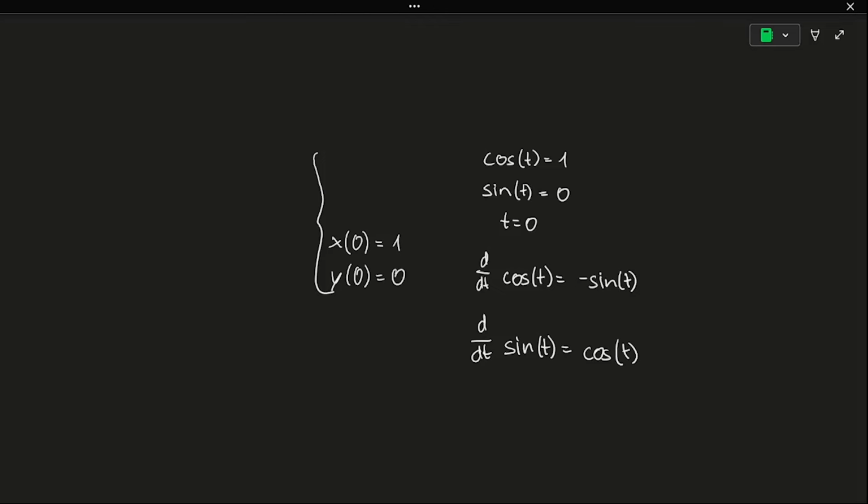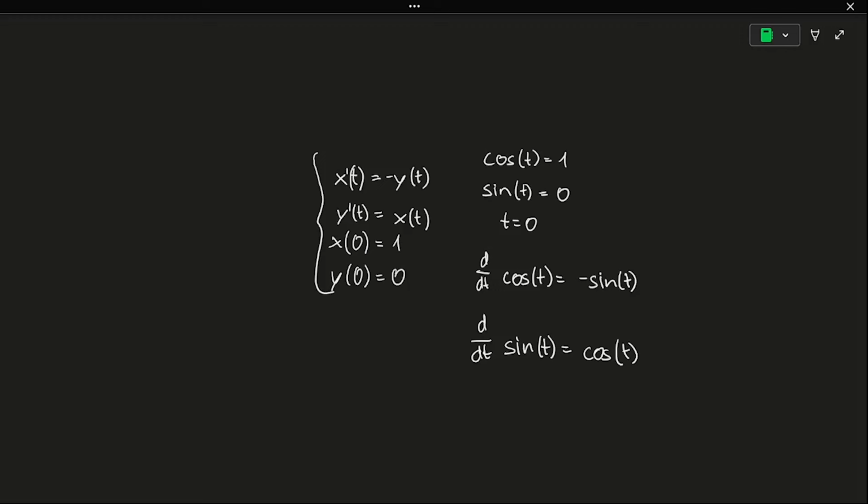Writing this down in a more generalized way for our CIVP gives us x prime of t is equal to minus y of t, and y prime of t is equal to x of t. This is our CIVP that serves to parametrize the unit circle.